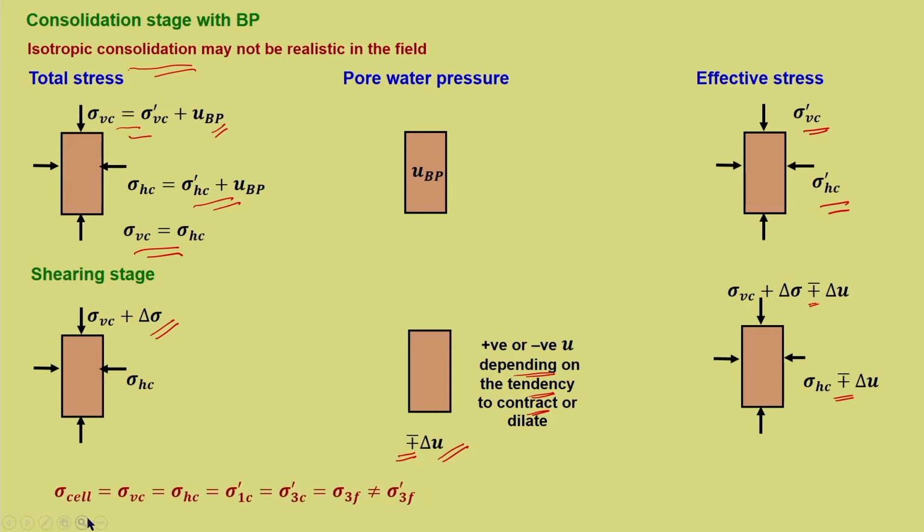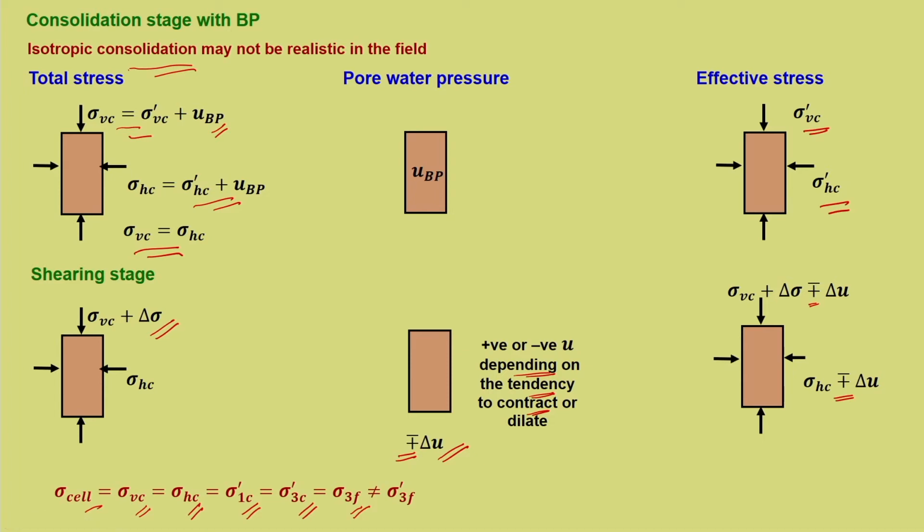Here there is also an important aspect which we need to understand, which we know, but it is better that we confirm this again and again. So, cell pressure sigma is equal to sigma Vc equal to sigma Hc, isotropic consolidation, which is equal to sigma dash 1c, sigma dash 3c, provided pore water pressure is 0, and sigma 3c is equal to sigma 3f, but that is only in terms of total stress.